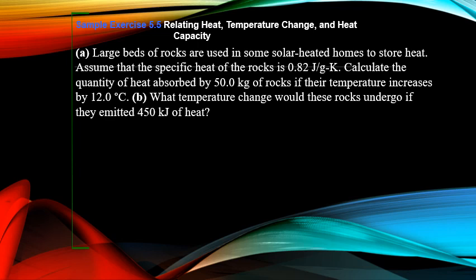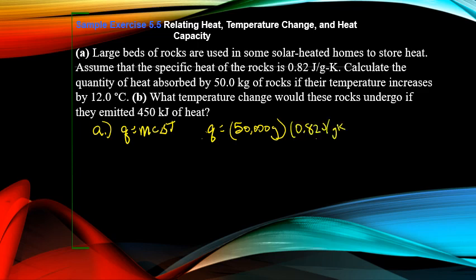So as we begin to look at this particular problem, same thing, Q equals MC delta T. So my Q would be equal to 50,000 grams multiplied by the specific heat constant, 0.82 joules per gram Kelvin. And again, remember Kelvin and degrees Celsius are the same thing for the change in temperature. So whether it's in Celsius or Kelvin, you can just interchange them.